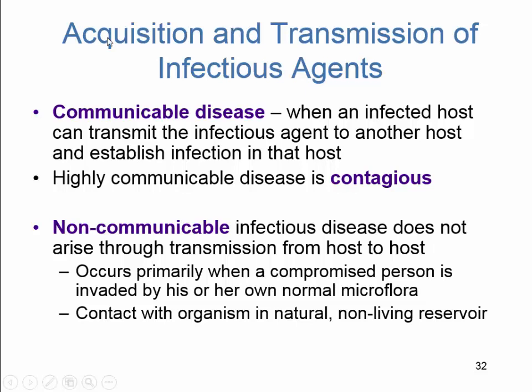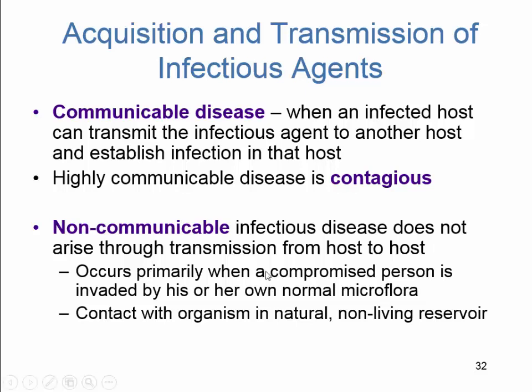The acquisition and transmission of infective agents takes place because most of these infectious agents are considered communicable diseases. Communicable diseases are considered contagious, able to be transmitted from person to person or from host to new host. There are, however, non-communicable diseases that cannot be transferred from person to person, but instead must be obtained from the natural or non-living reservoir.